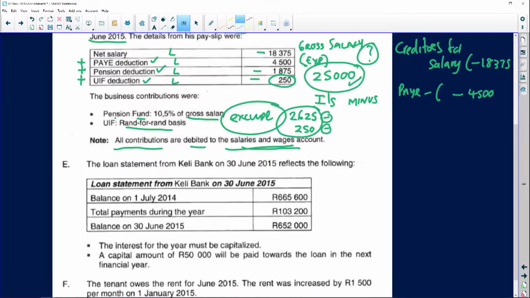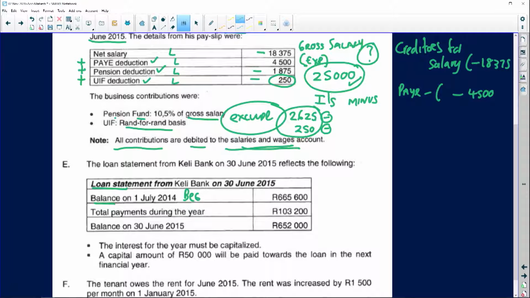So let's read. The loan statement from Kelly Bank on the 30th of June 2015 reflects the following. Balance on the 1st of July 2014, obviously this is at the beginning of the year, 665,600. So that's my balance at the beginning of the year. Total payments during the year, 103,200.